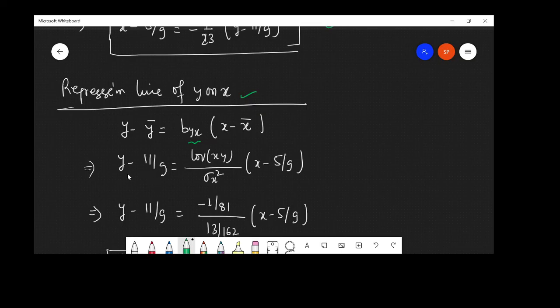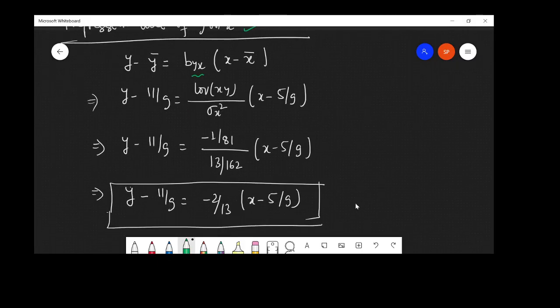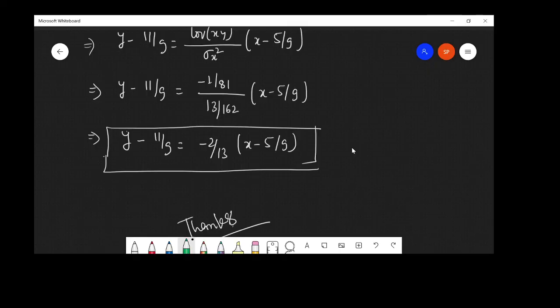So here we write y minus 11 by 9, and minus 1 by 81 divided by 13 by 162 times (x minus 5 by 9). After simplifying, the line is y minus 11 by 9 equal to minus 2 by 13 times (x minus 5 by 9). This is the regression line of y on x.